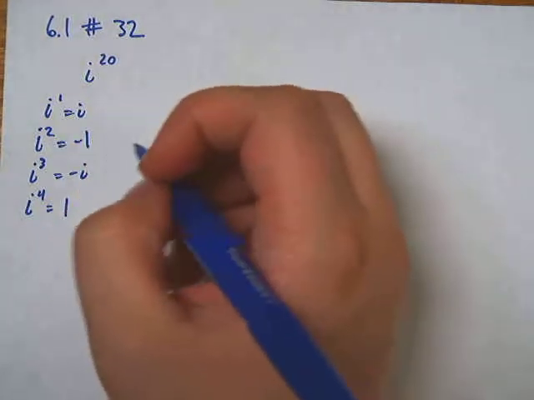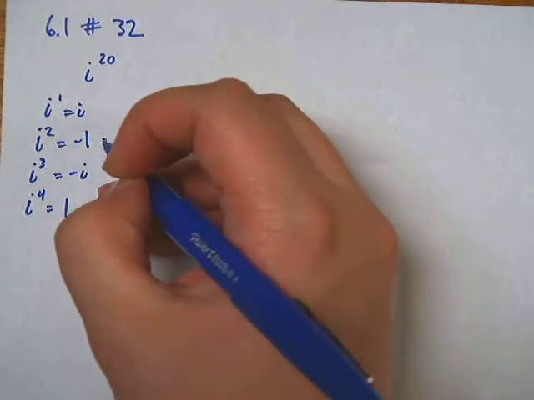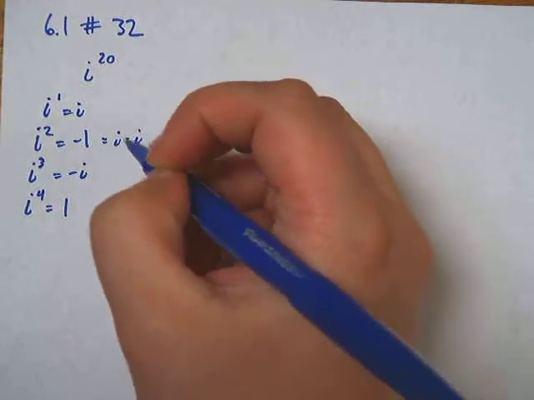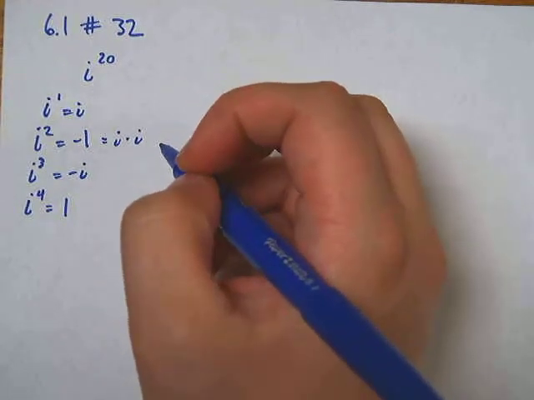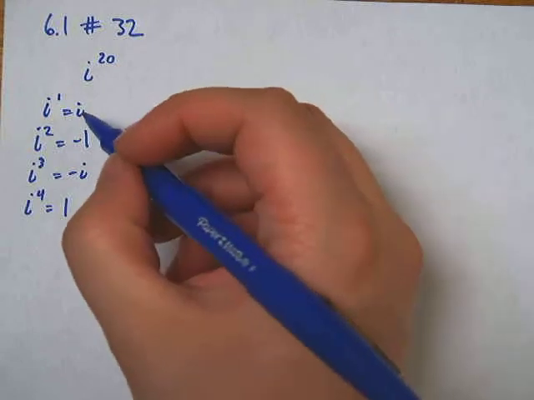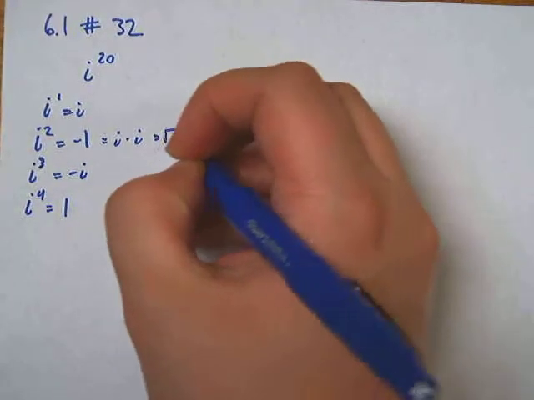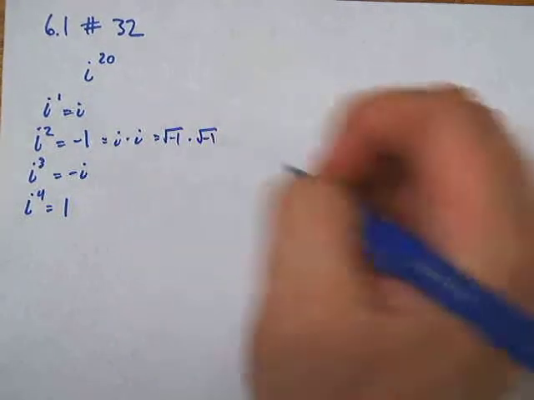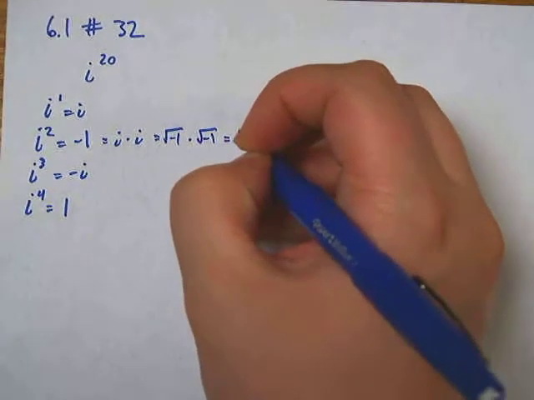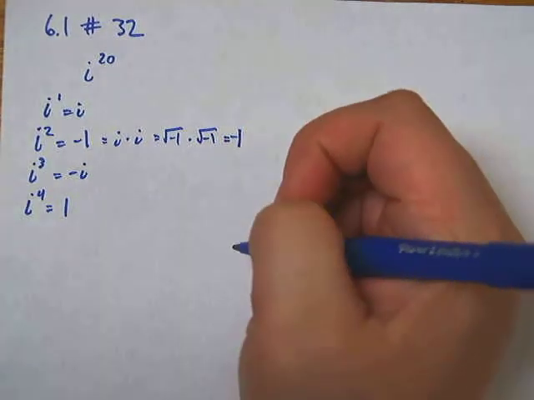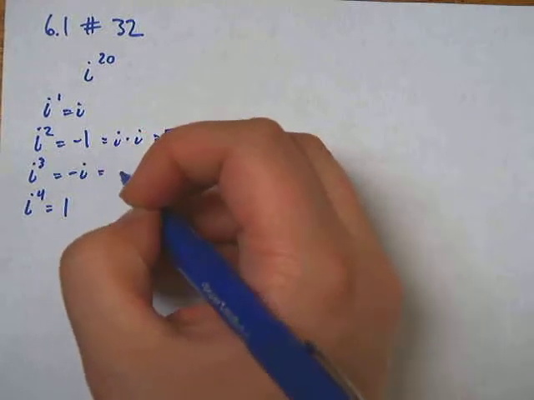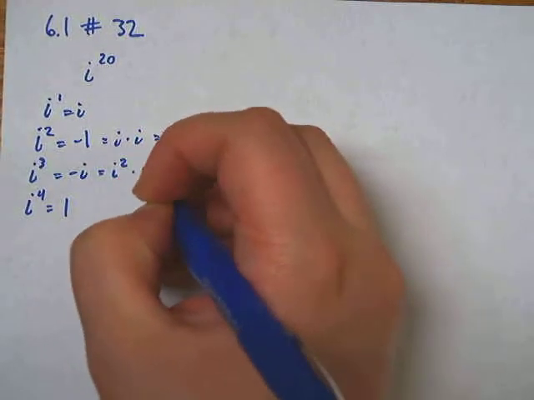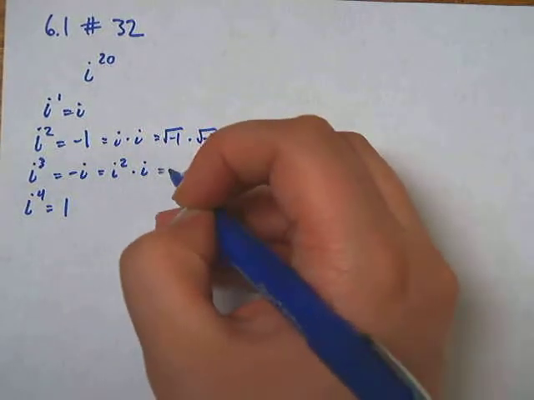And the way we can figure each of those out is i squared is equal to i times i. So the square root of -1 times the square root of -1 is just -1. And then i cubed is just i squared times i, and we already know i squared is -1.